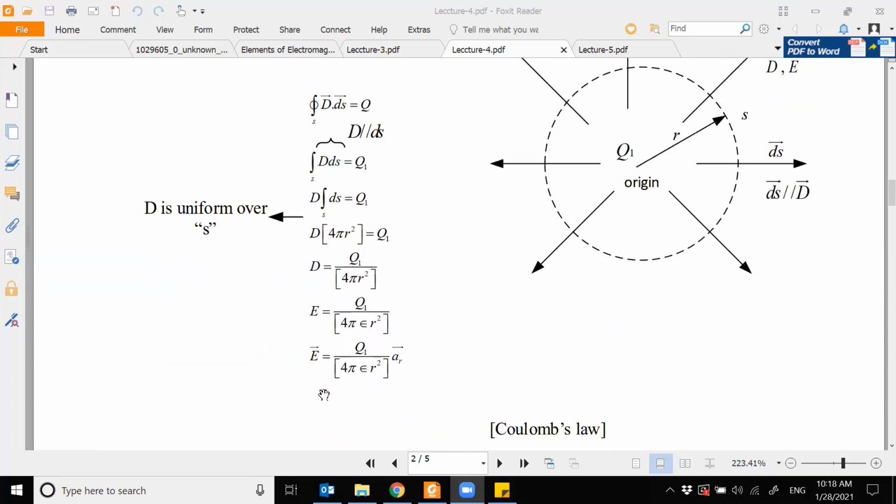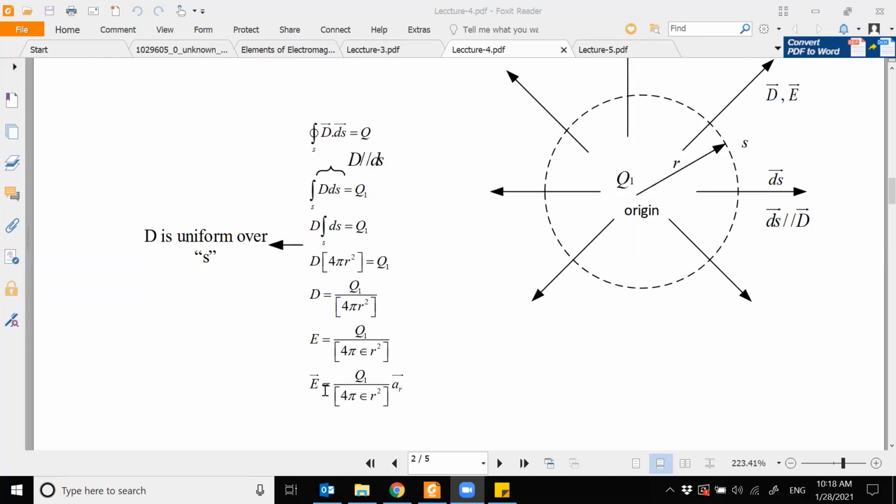So this is how you can apply Gauss's law for finding the electric field. And again, as I told you, you take D outside, because D will no longer be a function of R, because D is uniform over the surface. That's why you are able to take it out.